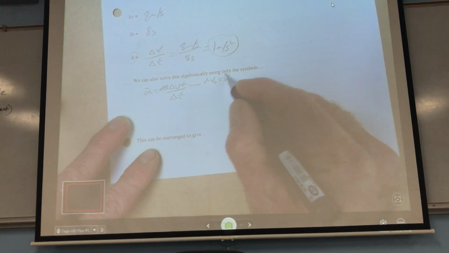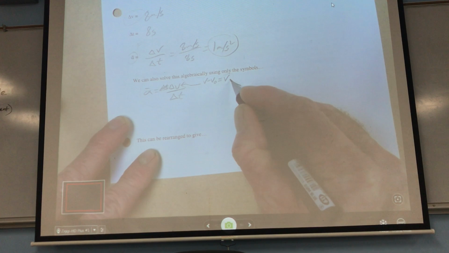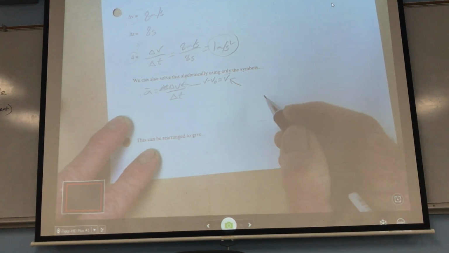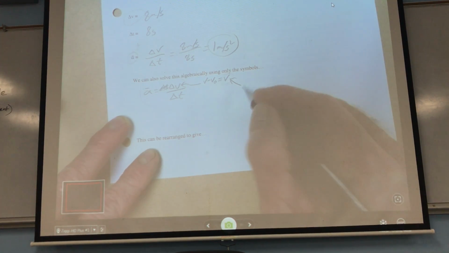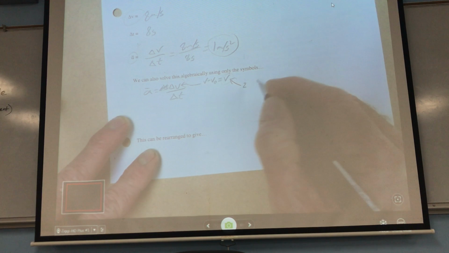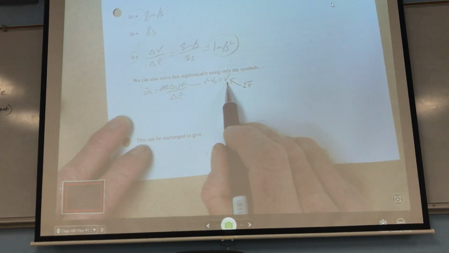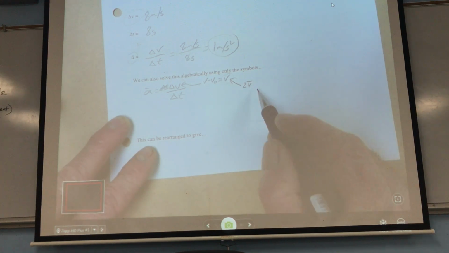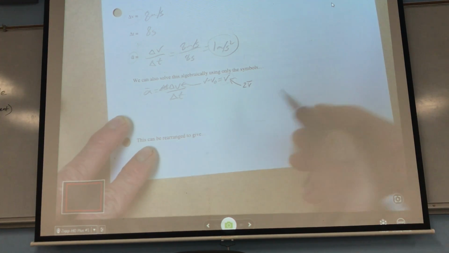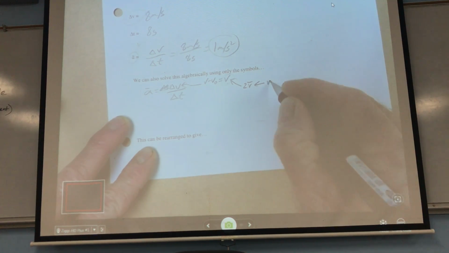But that's not really given. So I need to know that in this case, 2 times the average velocity will give me the final velocity. But we're not given the average velocity either, so another thing I'm going to need is the formula for average velocity, which is delta x over delta t.